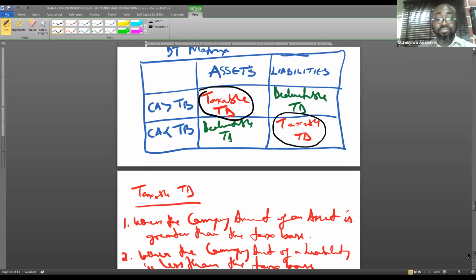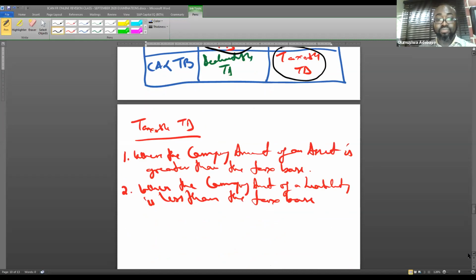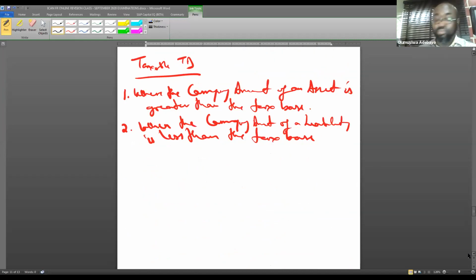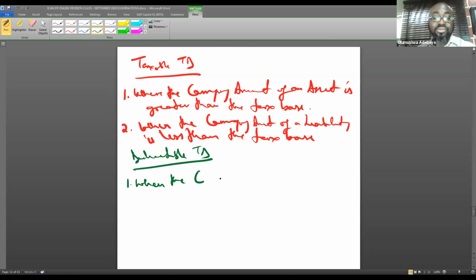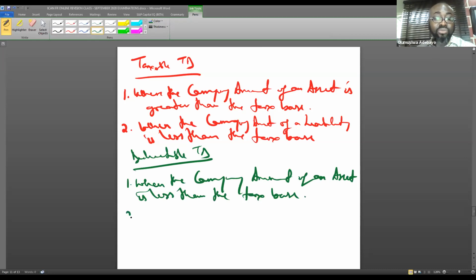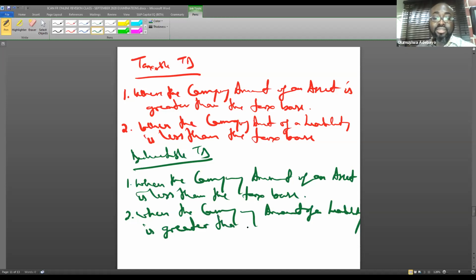Now, for it to be deductible, it is when the carrying amount of an asset is less than the tax base, and when the carrying amount of a liability is greater than the tax base.